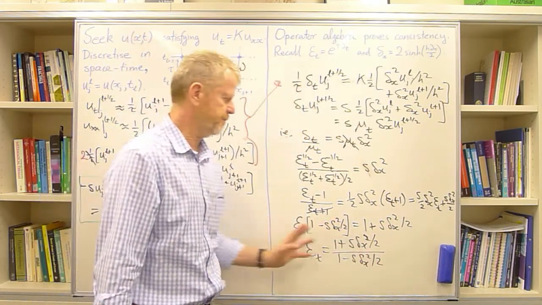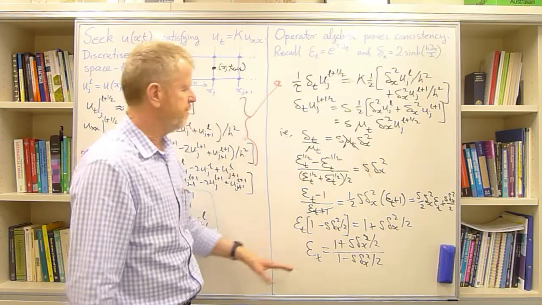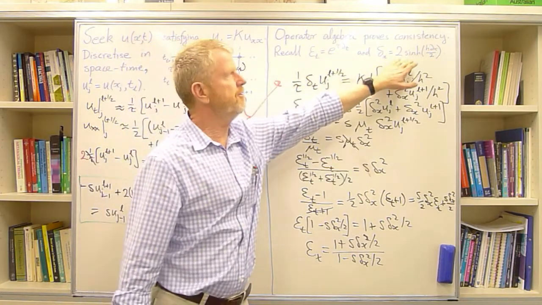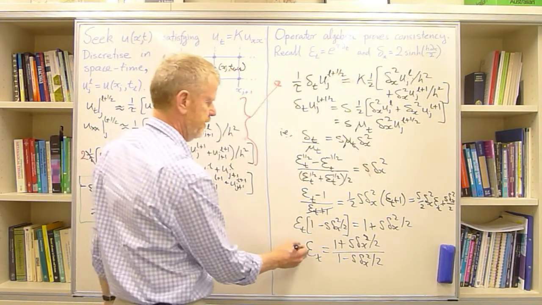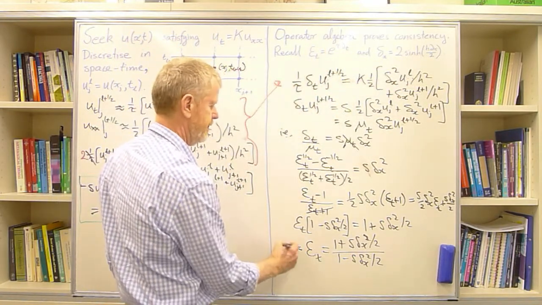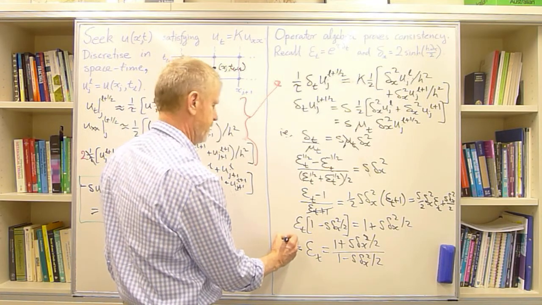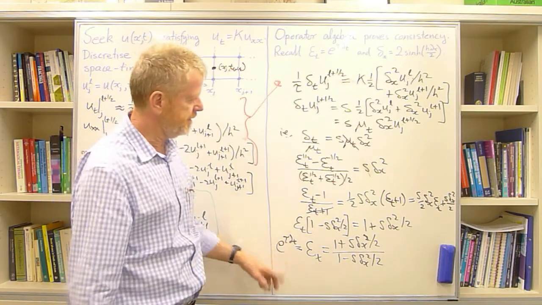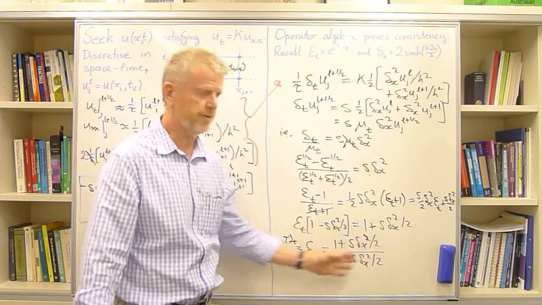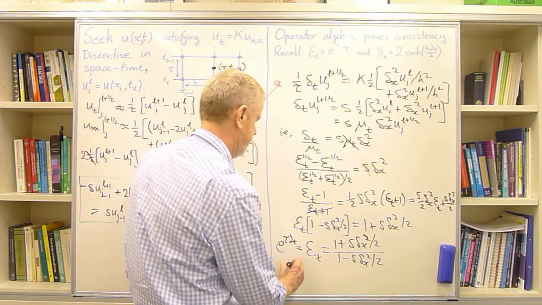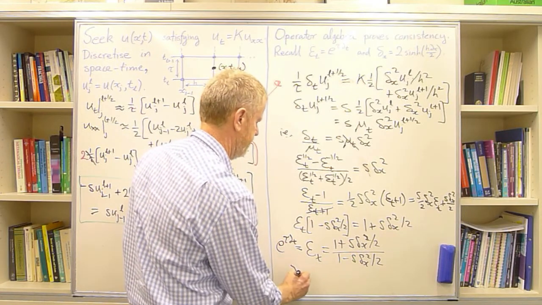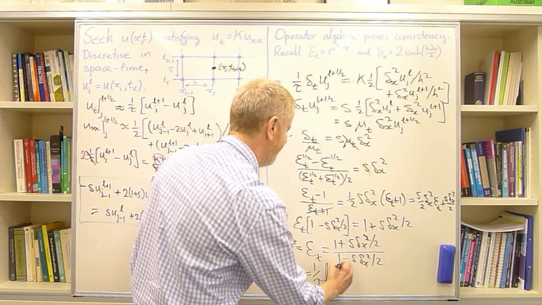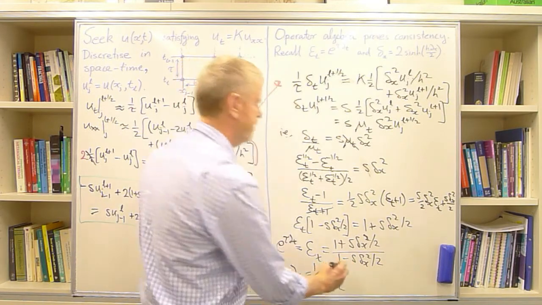Now this is still in terms of shift operators. We can turn them into derivative operators using these relationships. So for example, E_t is e to the tau d by dt. So d by dt is 1 over tau times the logarithm of this right-hand side. Now what's this right-hand side?